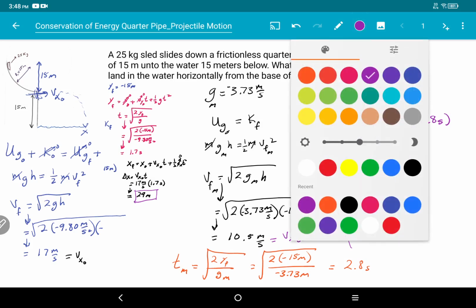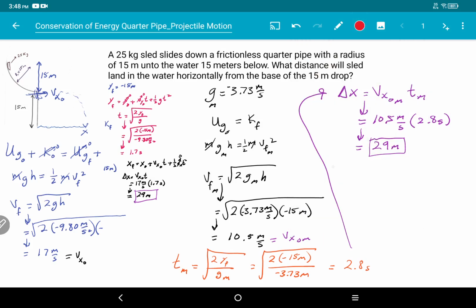Okay? Here, I will do this probably in red again over here on this side. So take a look. And we're just going to put the general equation. That's why AP Physics loves to use equations instead of just throwing numbers in. Okay, we know that delta x equals Vx final, the final velocity at the potential energy.